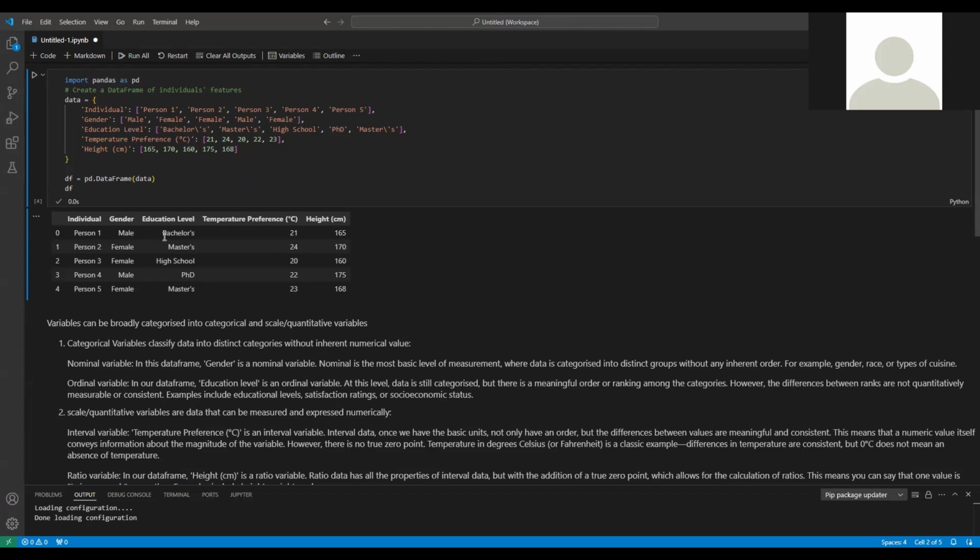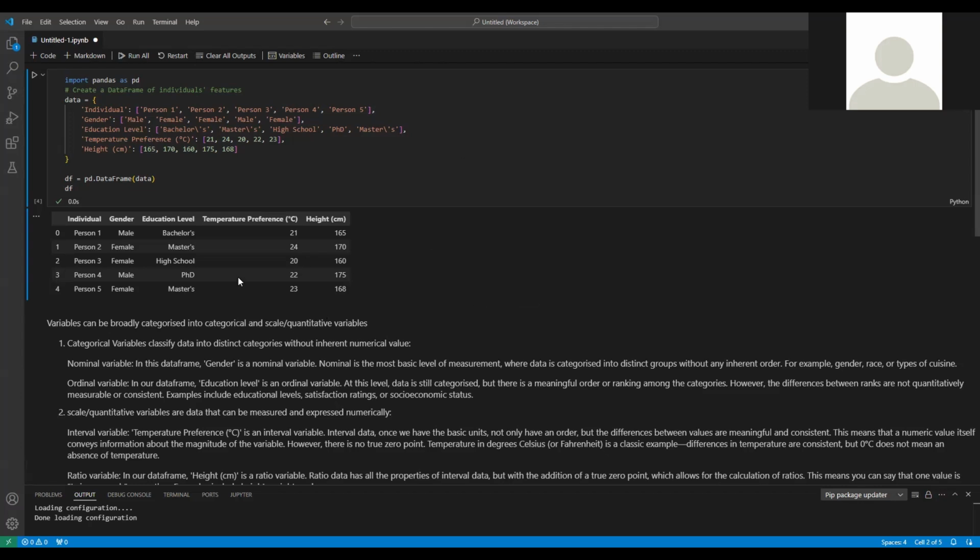Under the variable gender, we have male, female, or other categories. Under education level, we have, for example, primary, secondary, high school, bachelor's, or whatever other categories. So the key form of values for these variables is category. That's why we call them categorical variables.